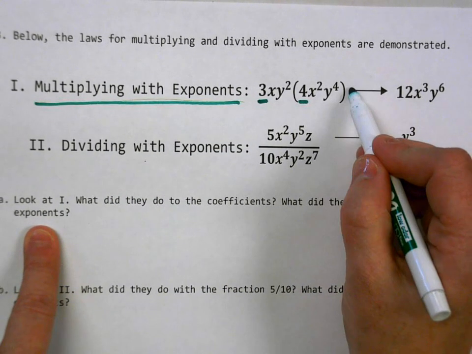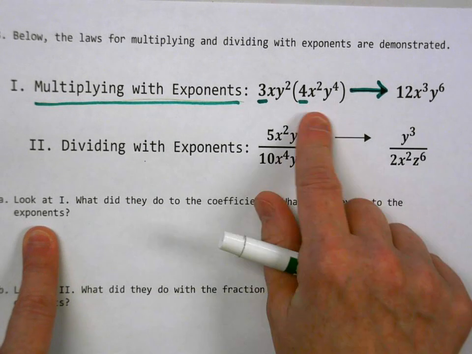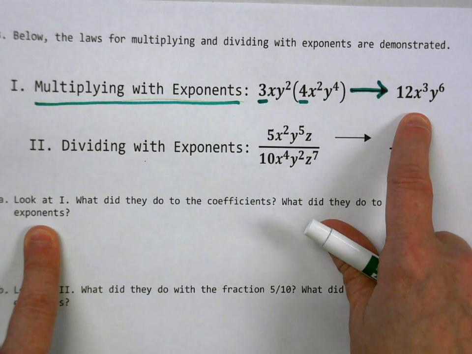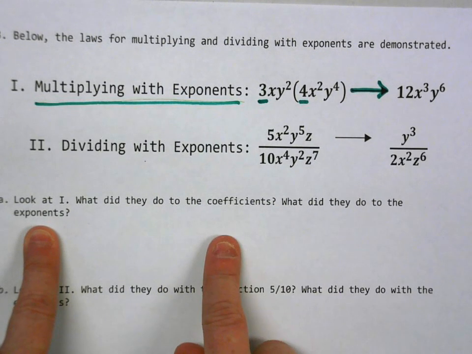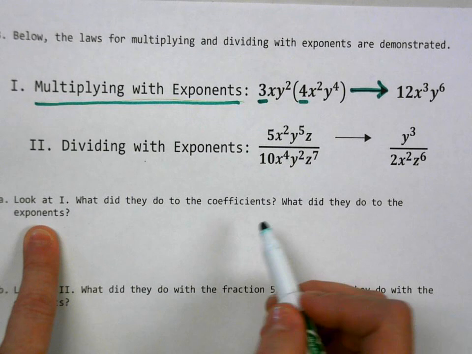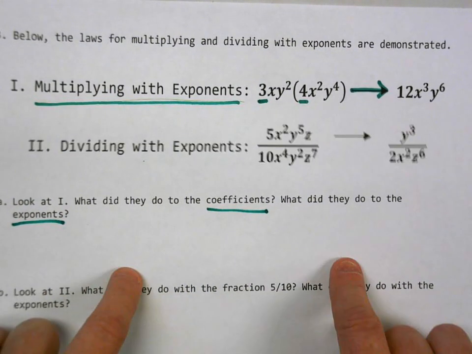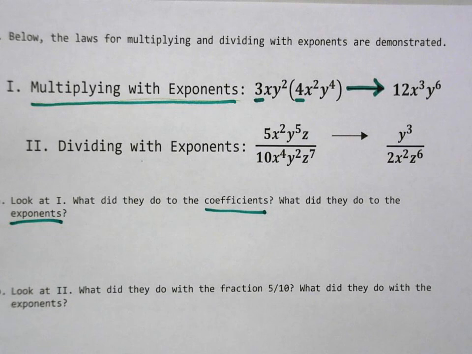You're looking from this problem where they're multiplying the exponents to your final answer over here, and I want you to write down what you believe the pattern is. What do you notice? Something happens with the coefficients and something happens with the exponents. I want you to take a moment and jot down your observations. This is just what you see. You're looking for a pattern. I will come around and give you a few moments, and then I'll come around to see how you are doing on this thinking.